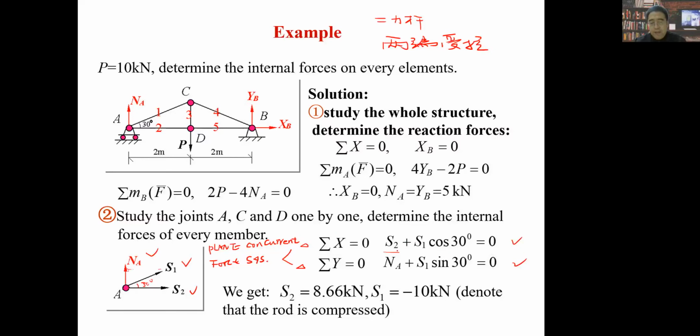Then we can find the magnitude of S2 and S1. So after we select joint A as an object to start with, we find the internal forces of member 1 and member 2 indirectly. Then we can continue this process.